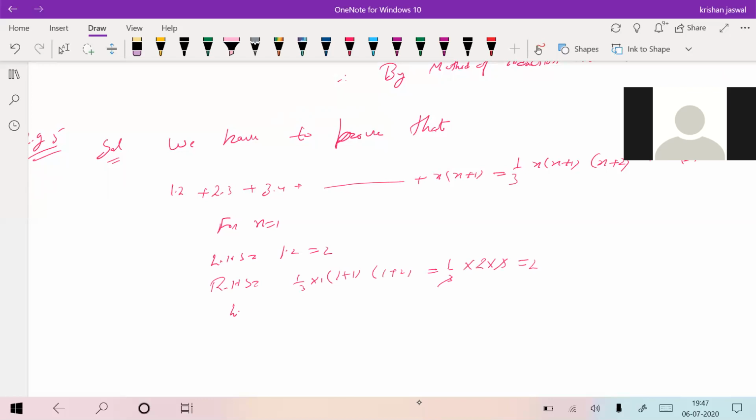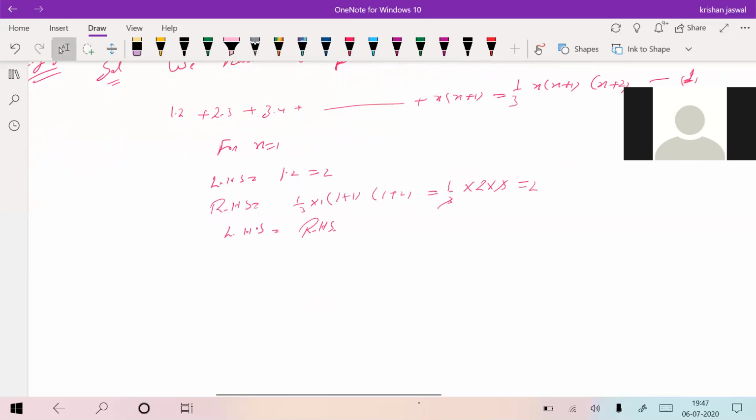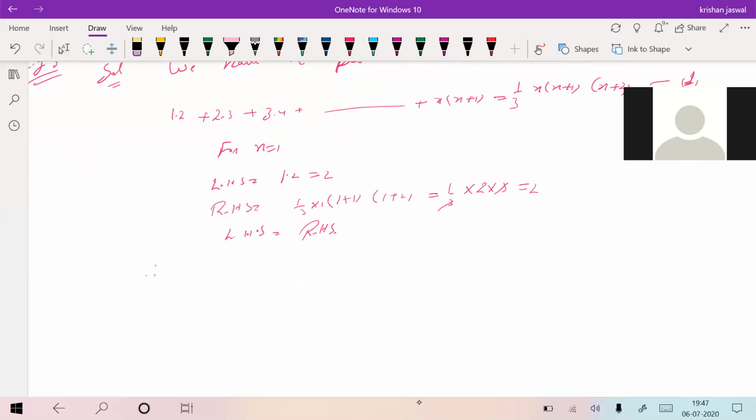Therefore, left hand side is equal to right hand side. Therefore, result 1 is true for n is equal to 1.